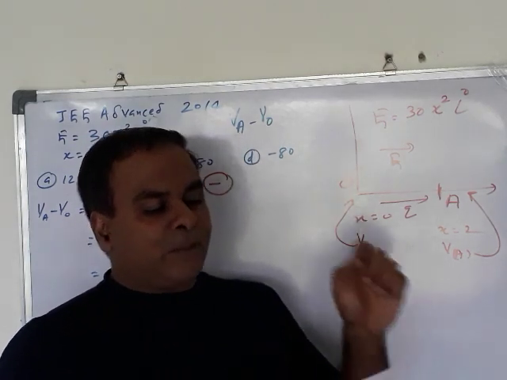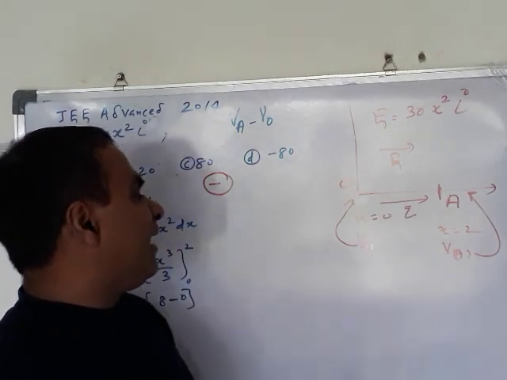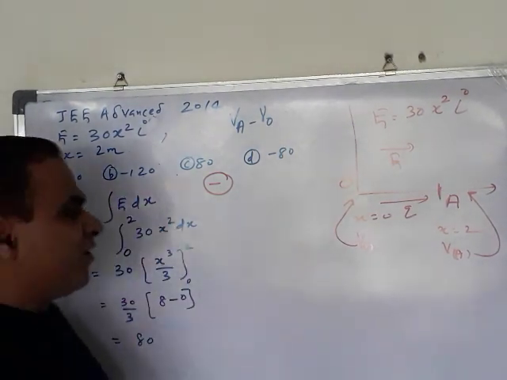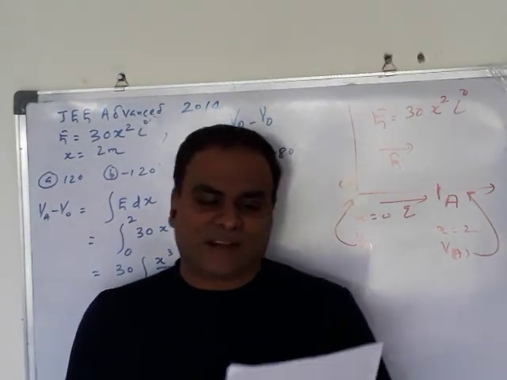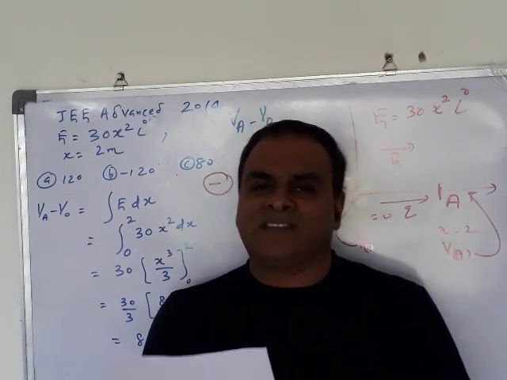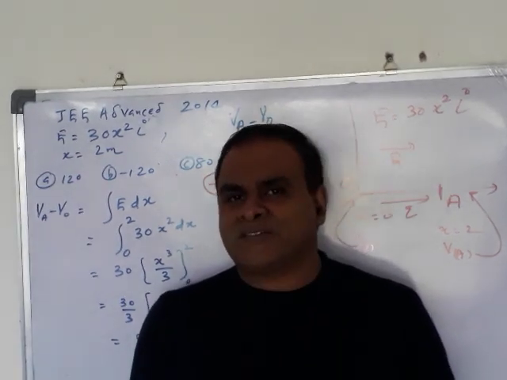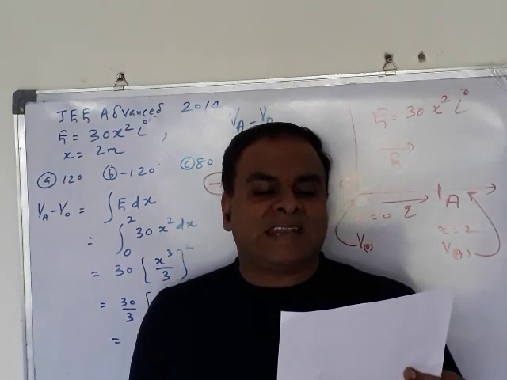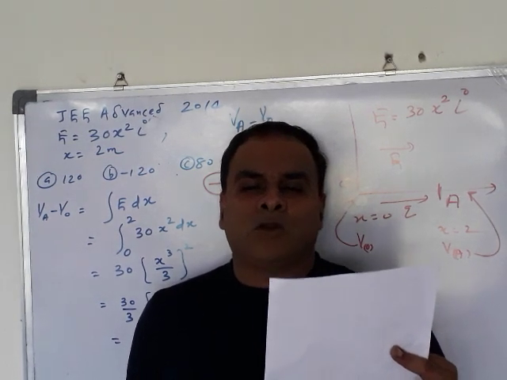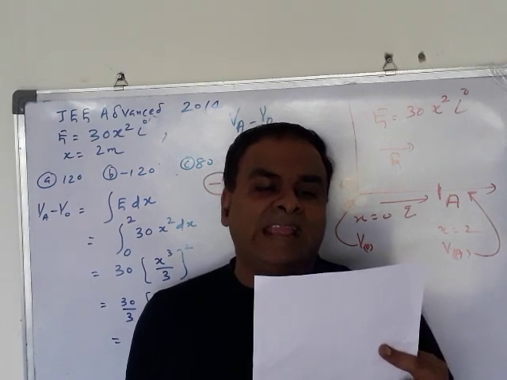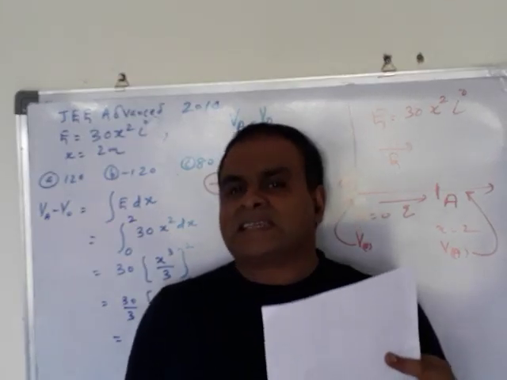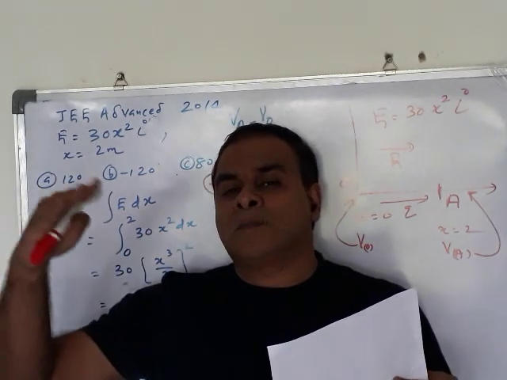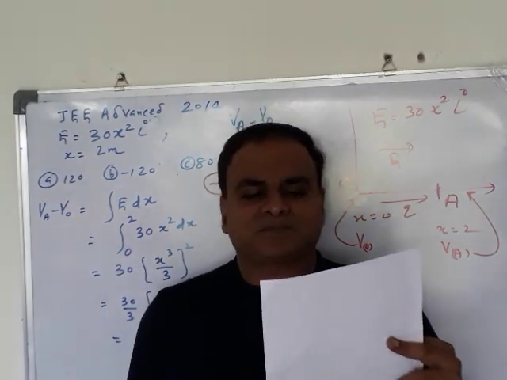They are asking for the potential difference VA minus V0. I will repeat the question once again. It's easy. Assume that an electric field E is equal to 30 x square i exists in space, which means the electric field is in the positive x direction.